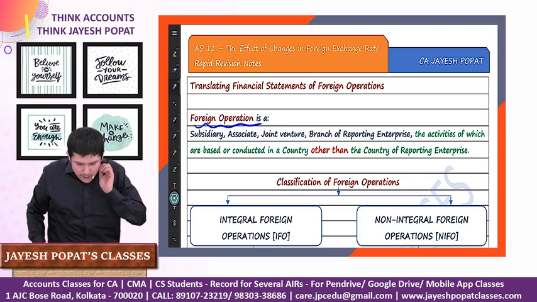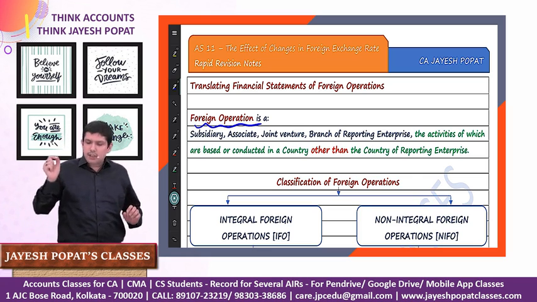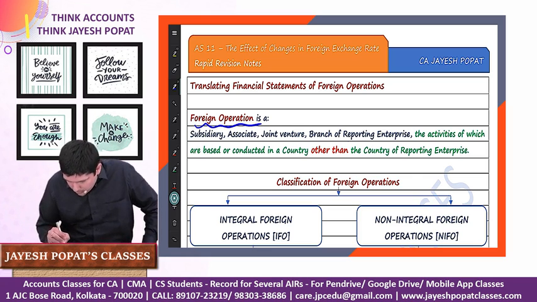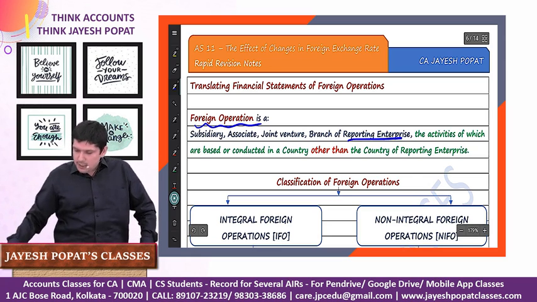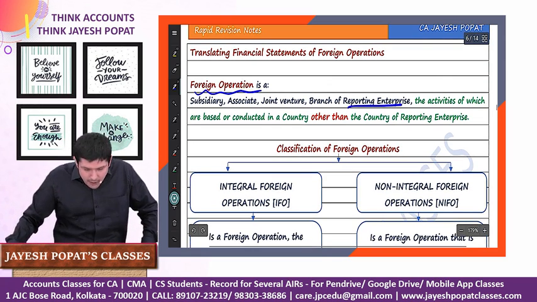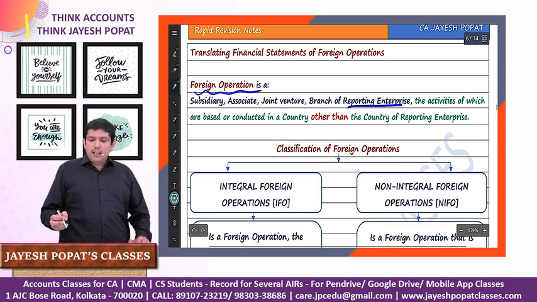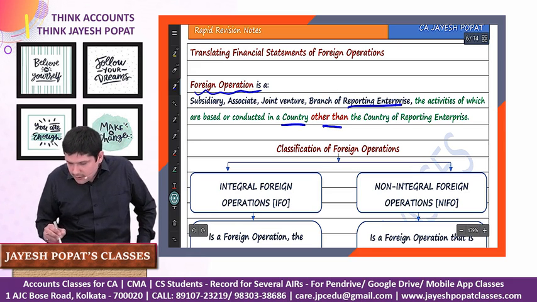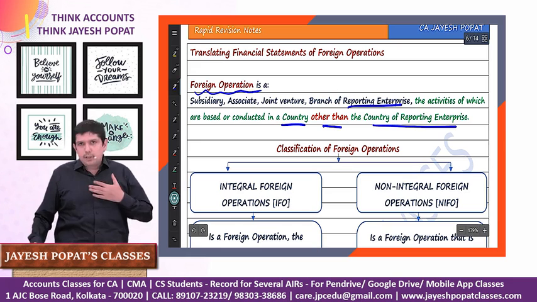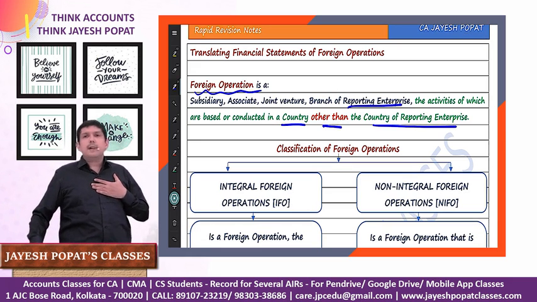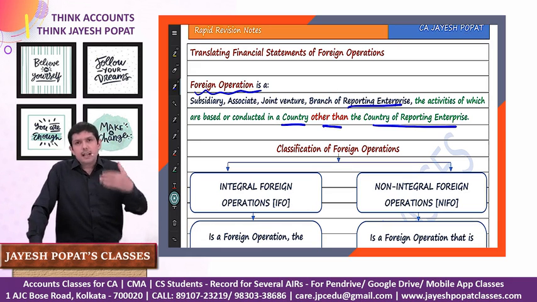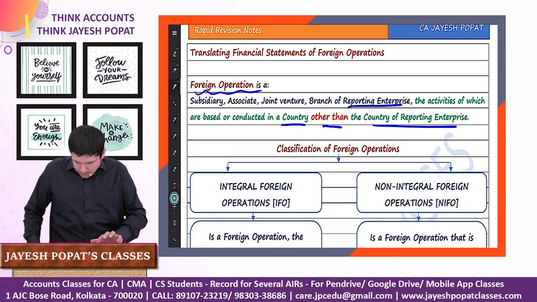The activities of which are based or conducted in a country other than the country of the reporting enterprise. If they are established and operating outside India, they will be treated as foreign operations.